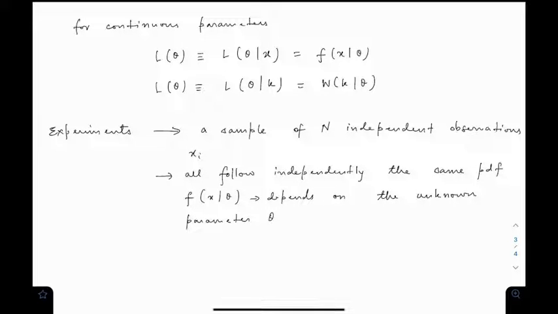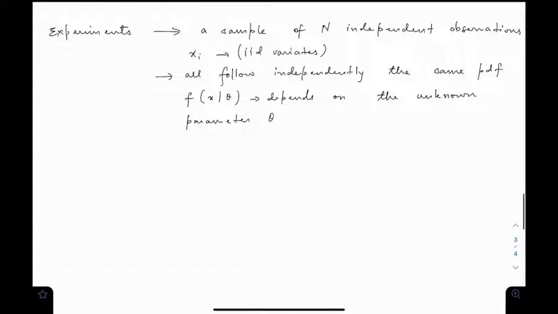These x_i are also known as IID variates, or in other words, independent and identically distributed variates. In such a case, the combined PDF is simply equal to the product of the n simple PDFs.